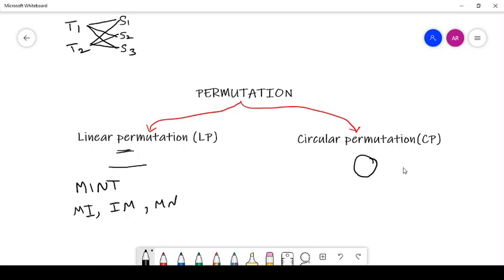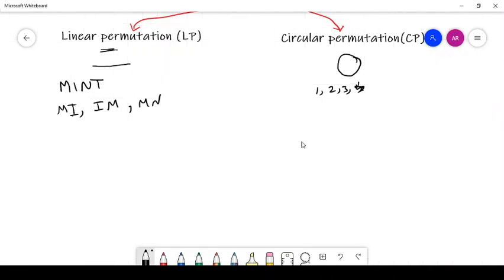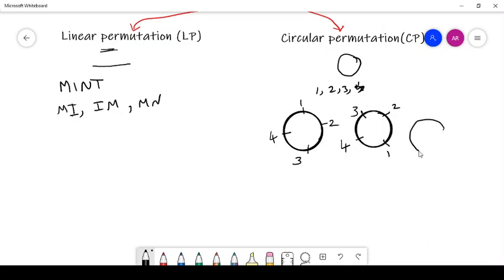Some of the circular permutations formed using the digits 1, 2, 3, 4 are shown here. Each of these is a circular permutation.